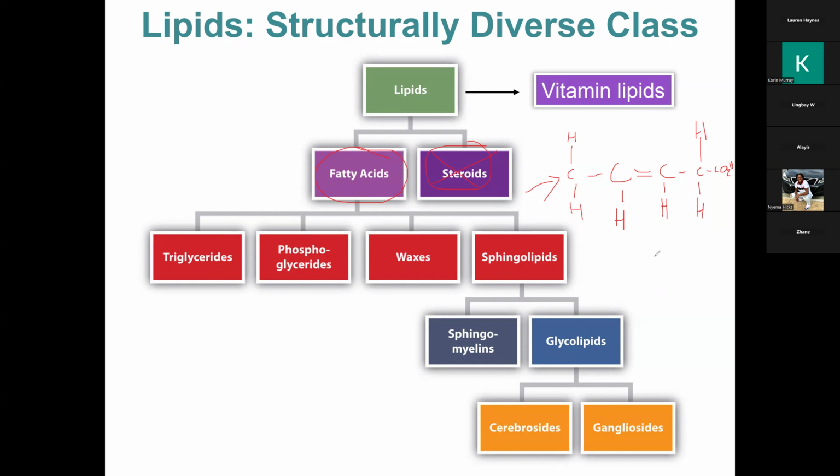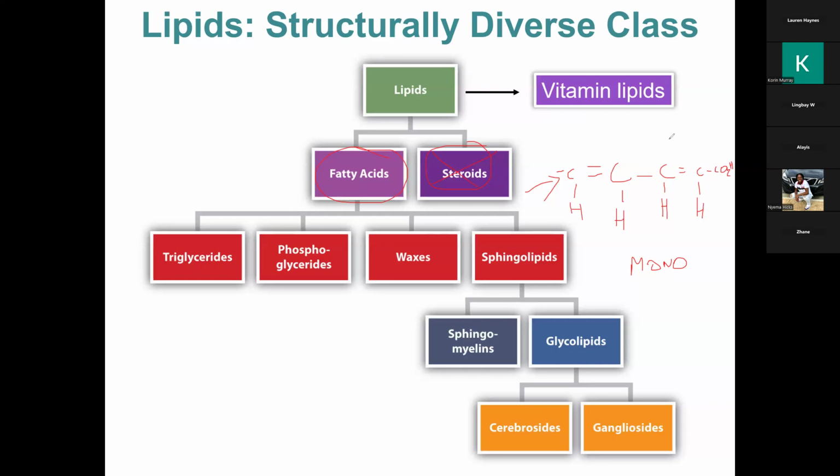If you have one double bond, then it is monounsaturated. And if it has several double bonds, something like this, this would be polyunsaturated, because there is more than one double bond. I don't think this would exist in reality because of the conjugation.